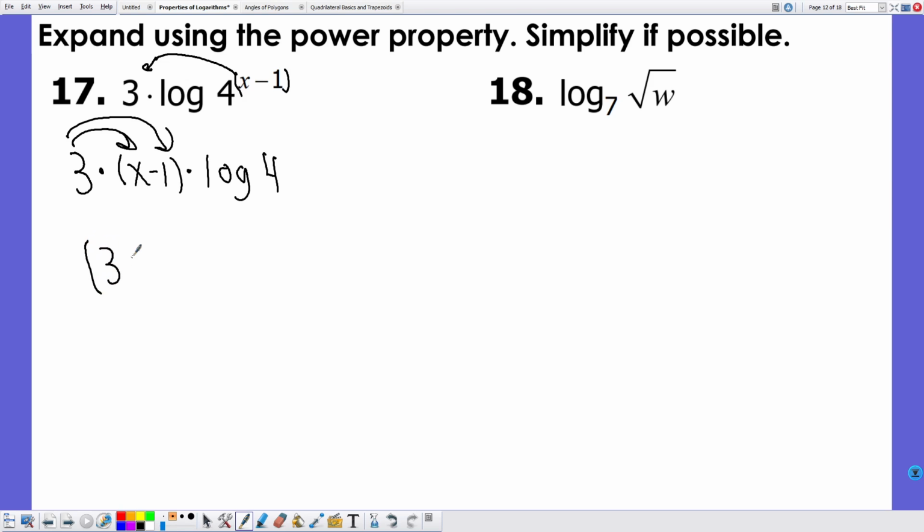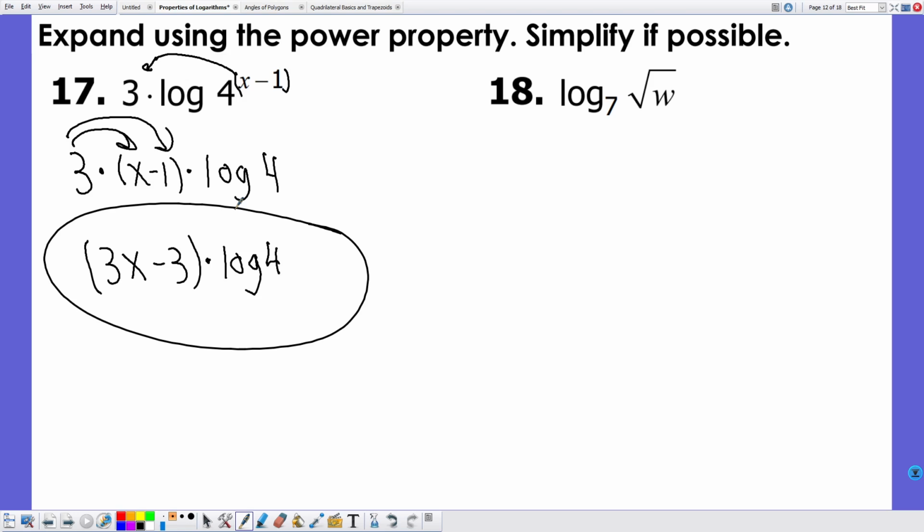So we have 3x minus 3 times the common log of 4, and that's going to be your simplified version. You still want to treat that expression 3x minus 3 as a single thing. That's the way logarithms work, because if we were to simplify it again, we would want to put that entire value in the exponent if we were going in the reverse direction.